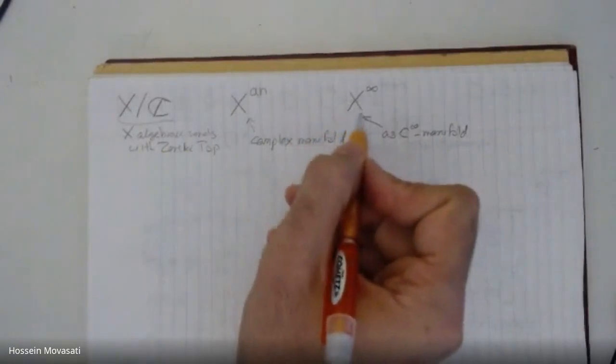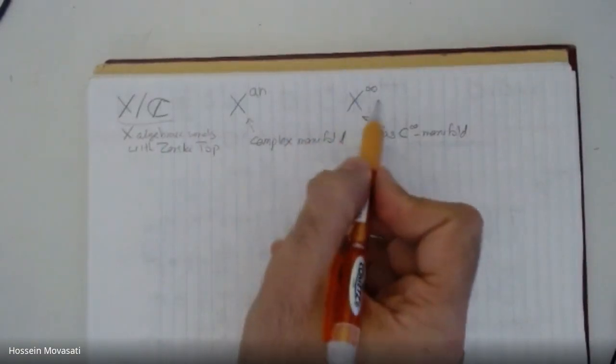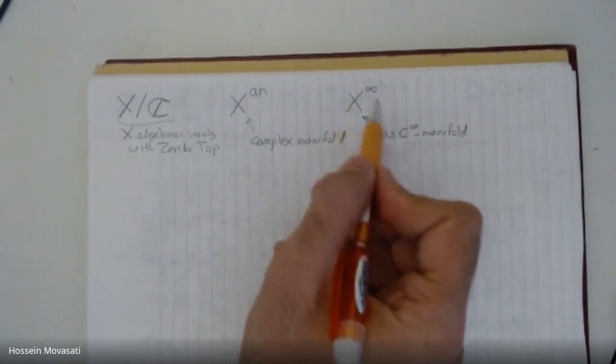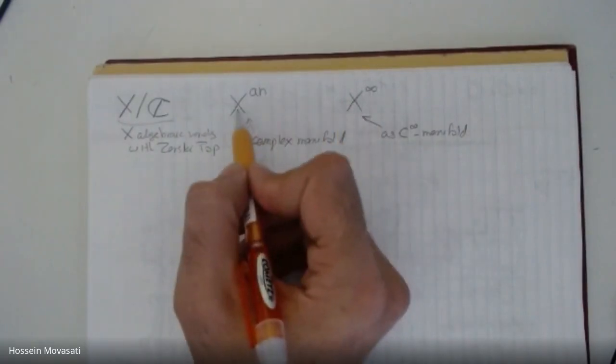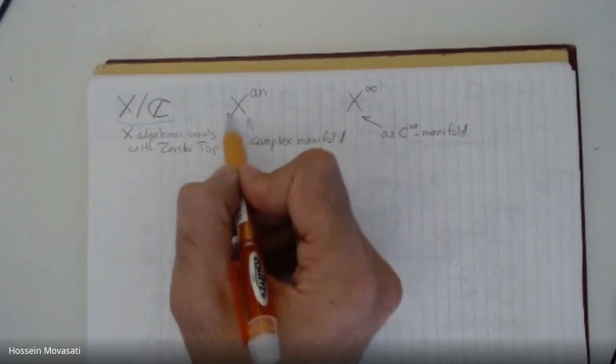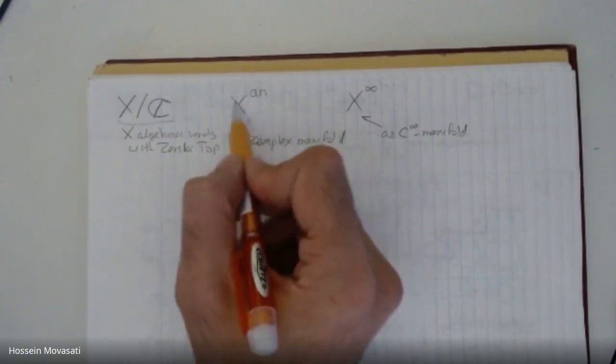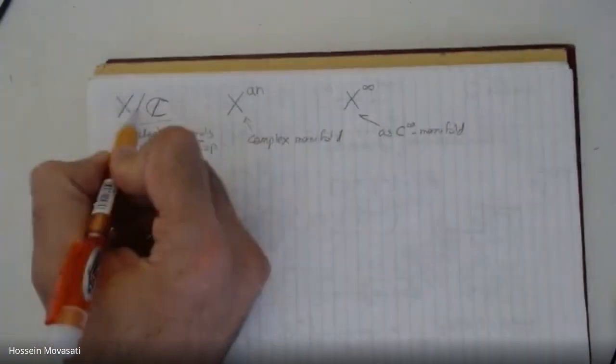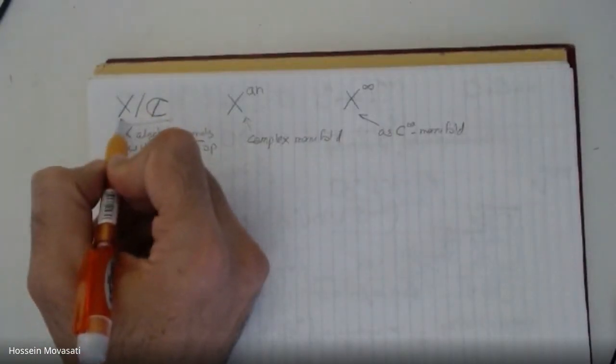So they are basically the same, but their structure is different. For example, here I consider just C infinity functions on X and so on. Here I consider a complex manifold and the holomorphic functions on X, and here X with Zariski topology and just, let's say, regular functions on X.